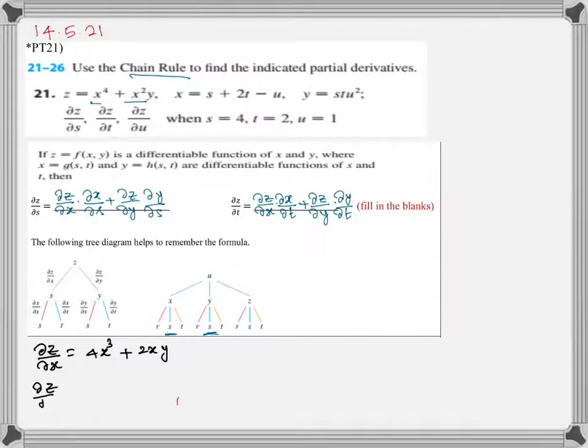Then ∂z/∂y, the partial derivative of z with respect to y, is just x squared. Then the partial derivative of x with respect to s is 1, because we are looking at this, s plus 2t minus u, and the partial derivative of x with respect to s is just the coefficient of s. Then ∂y/∂s would be tu squared from here.